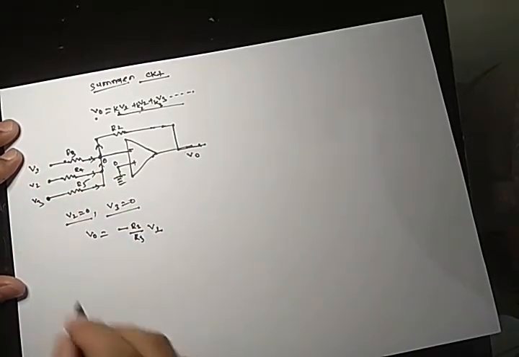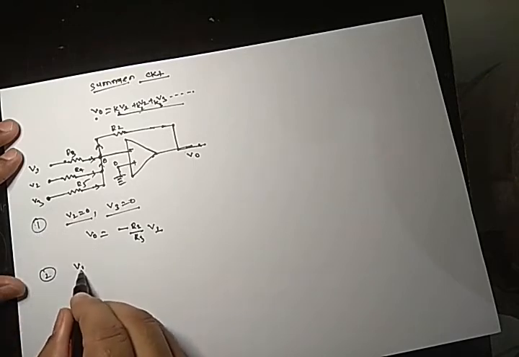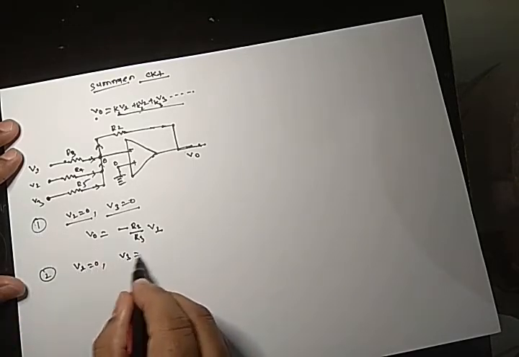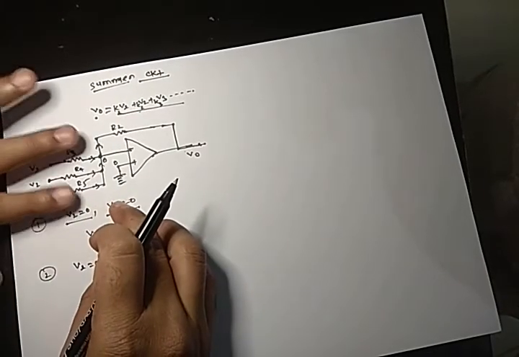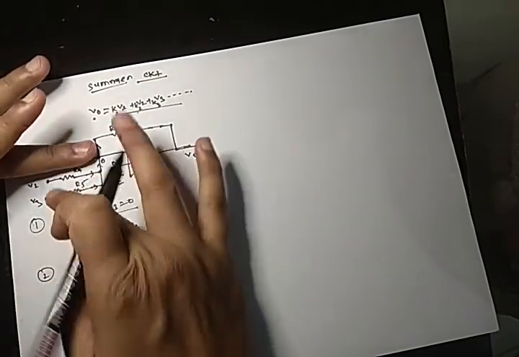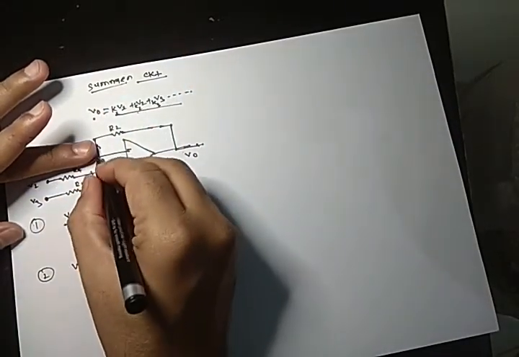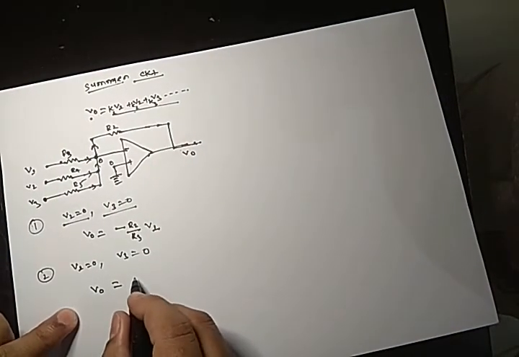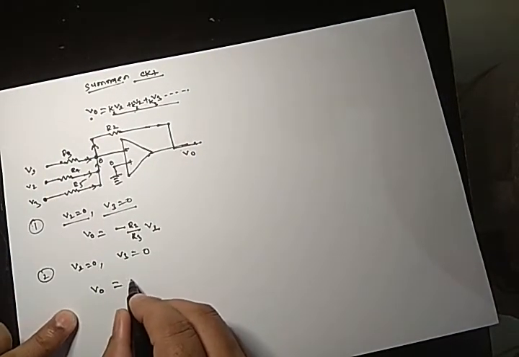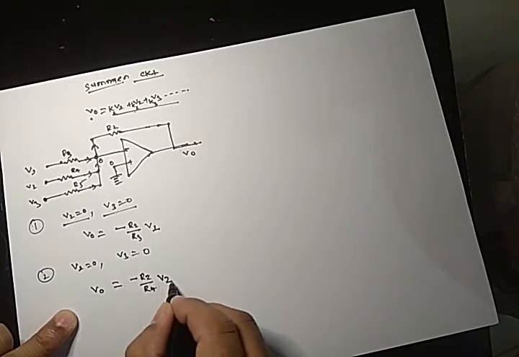Now applying the superposition theorem again, with V1 0 and V3 0, V0 will be minus R2 by R4 into V2. Now this has become inverting.